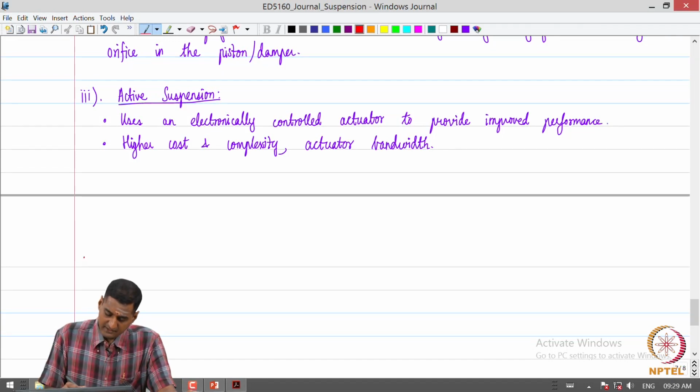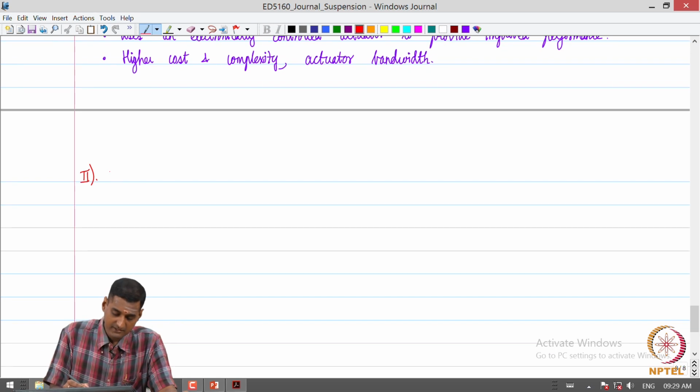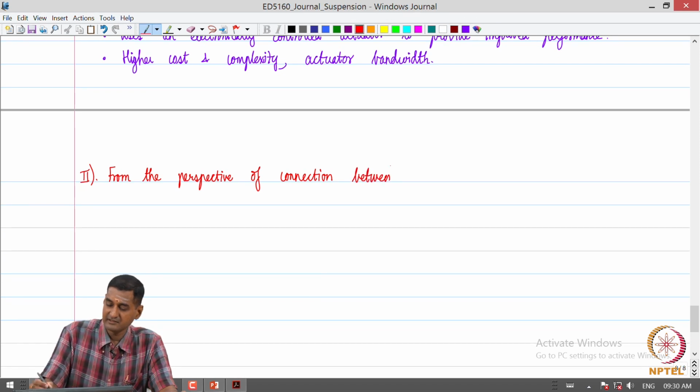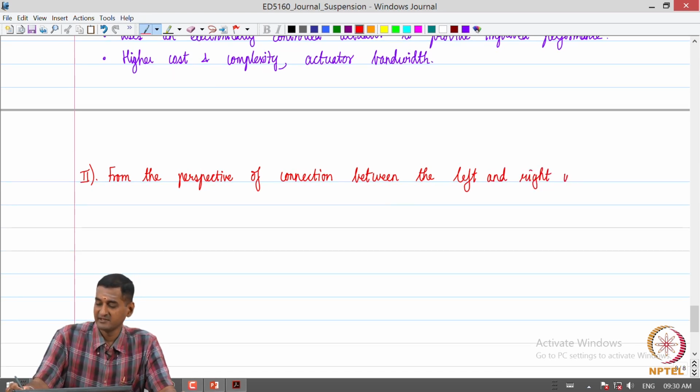So, another category or perspective of classifying suspensions is from the perspective of the connection between the left and right wheels on the same axle.